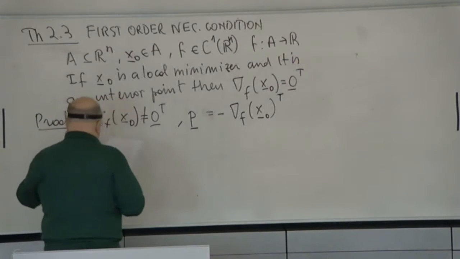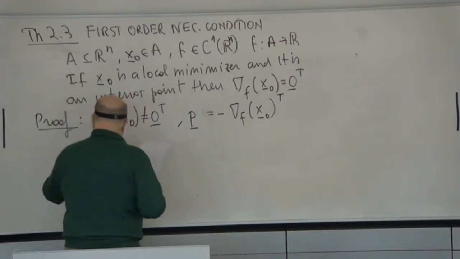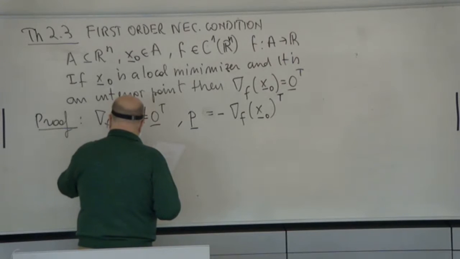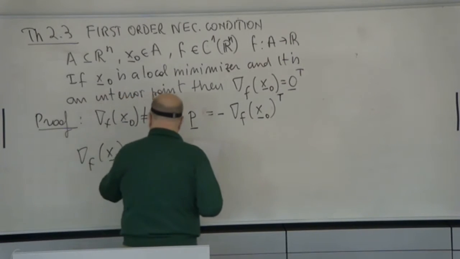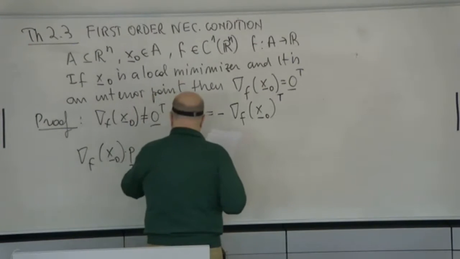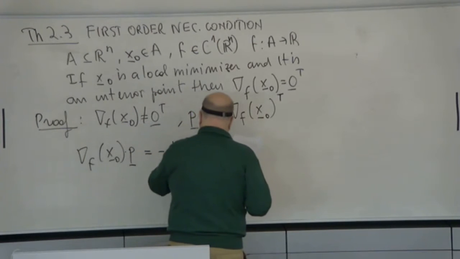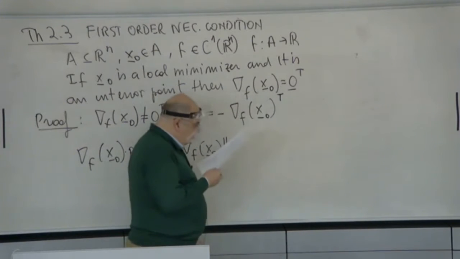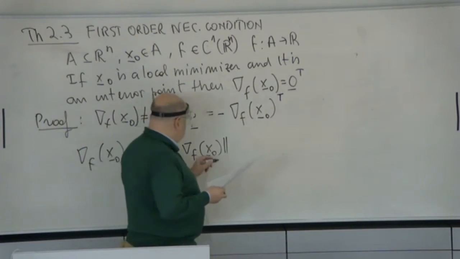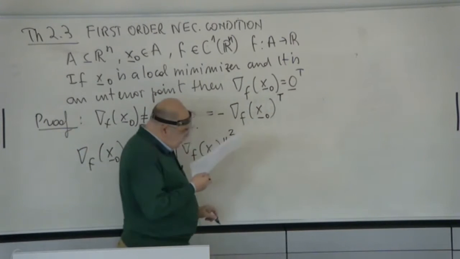So from this, we get that the gradient of F at x0 times p equals negative the norm of the gradient of F at x0 squared.